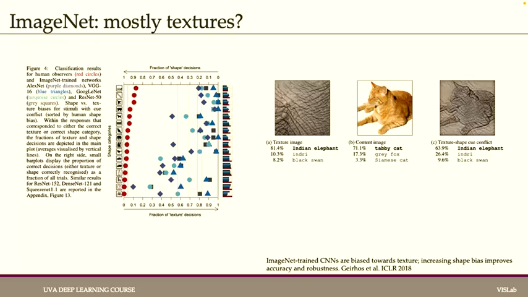So this paper was another really important indicator that neural networks trained on ImageNet back then, and still to a large extent now, mostly focus on texture and not on shape. And you can quantify this. This is shown on the left-hand side. Humans, the red points, are mostly on the left-hand side. They focus on shape. Computer vision models focus on texture instead, which is not quite what you want. You don't want to be classifying something as Indian elephant just because it has this texture.